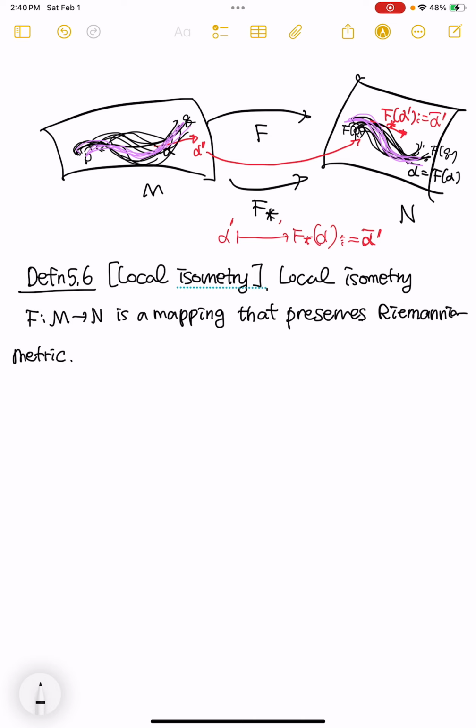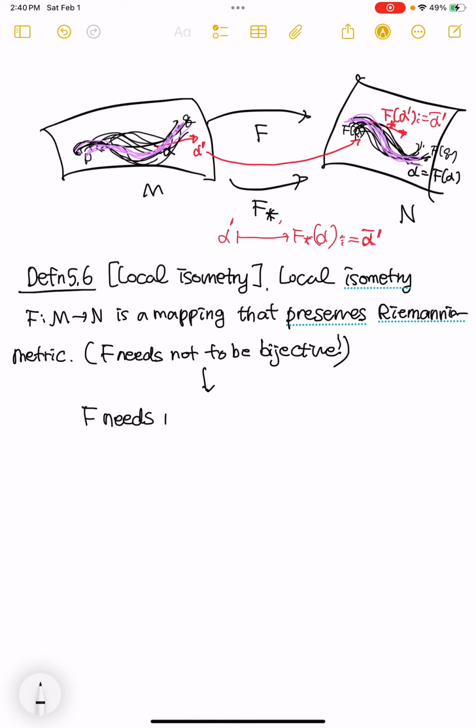As you see, that condition, F needs not to be bijective. That fact means F needs not to be a diffeomorphism.